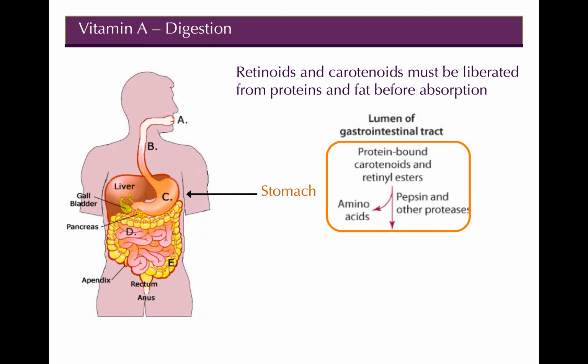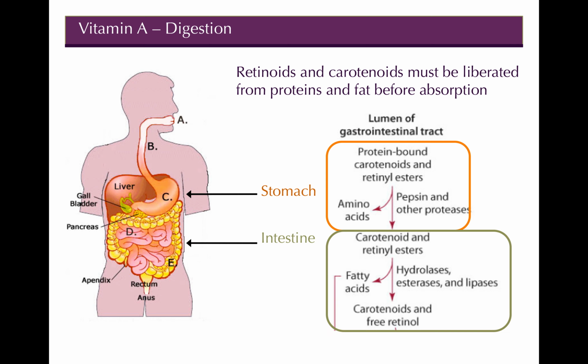Digestion, now looking at retinoids and carotenoids together. In general, you take in carotenoids bound to proteins, and if you remember, the retinoids are bound to fat. So what you want to do is cut the carotenoids and the retinoids off of those fats and proteins before you take them in.